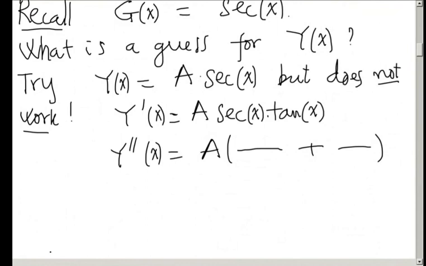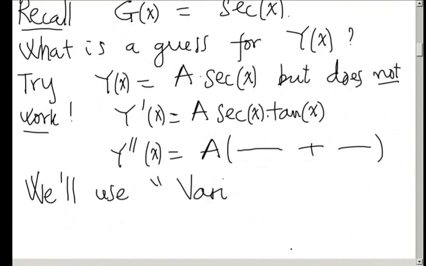So instead, we're going to use a different method, the so-called method of variation of parameters. This method will give us the general solution as well.